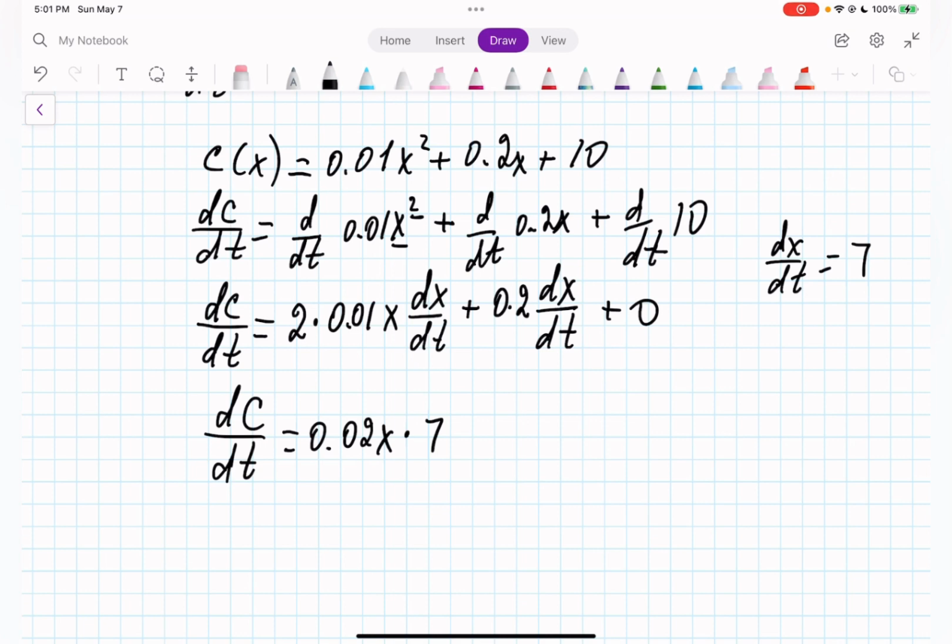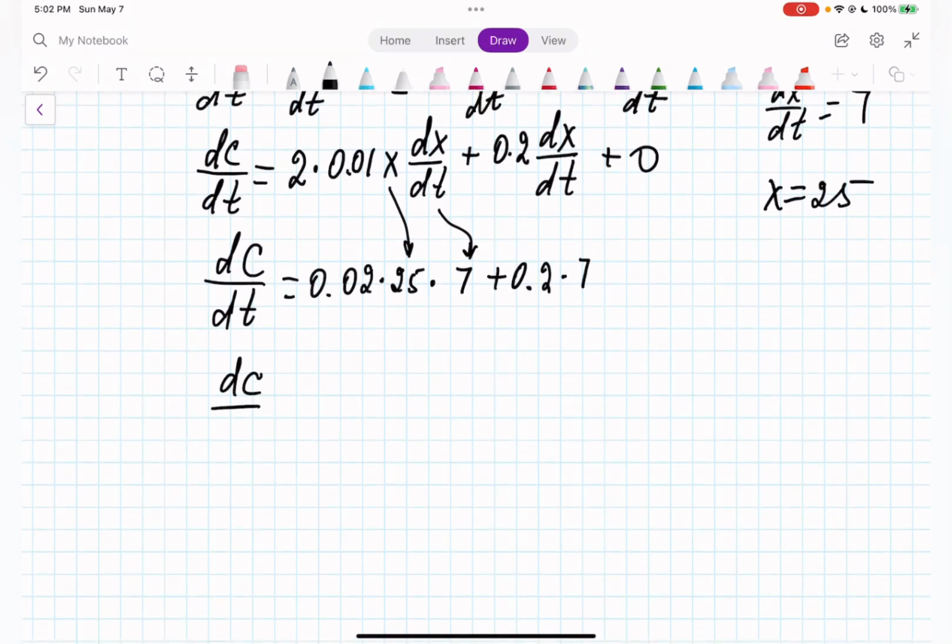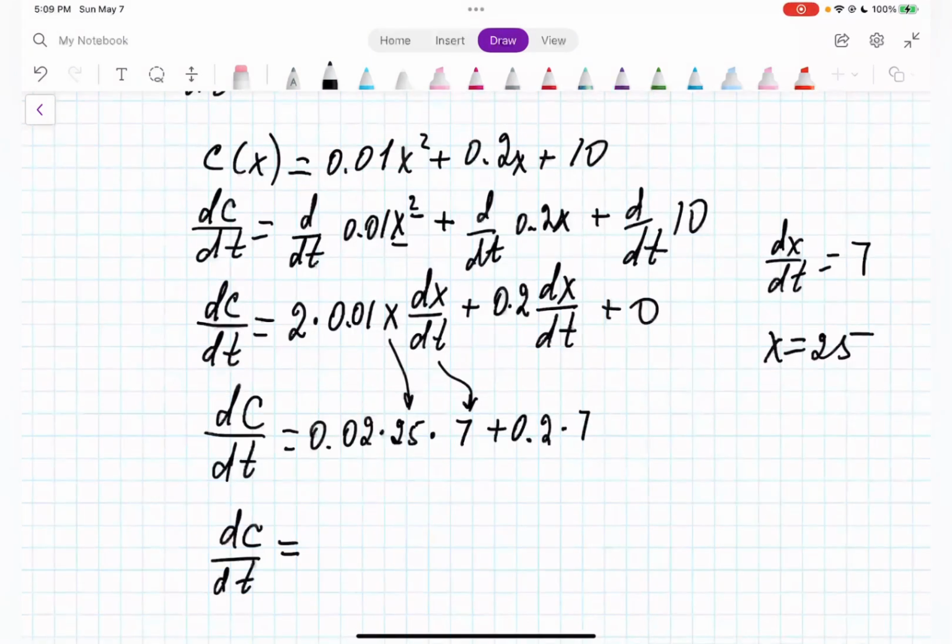X is given as 25, so might as well insert 25 also: 0.02 times 25 times 7, plus 0.2 times 7. Let's do the math. 0.02 times 25 times 7 is 3.5, let me double check.